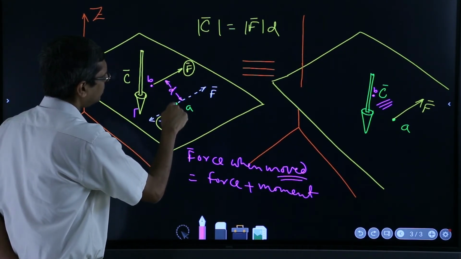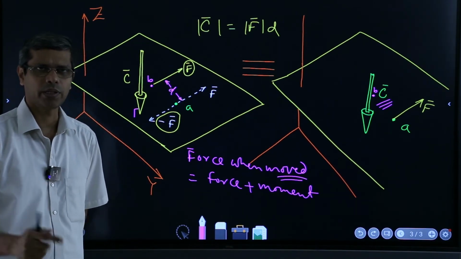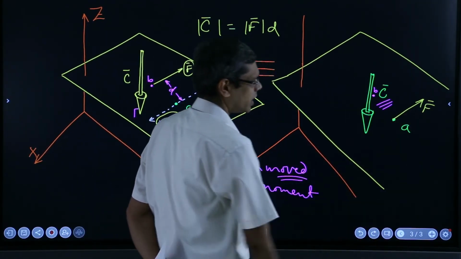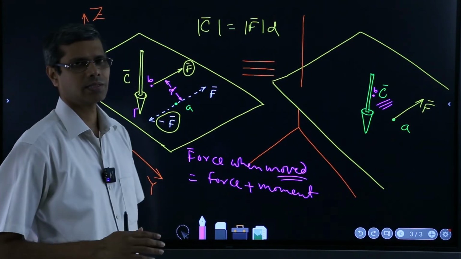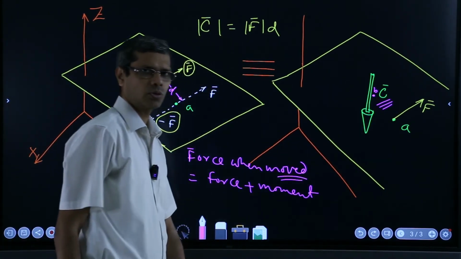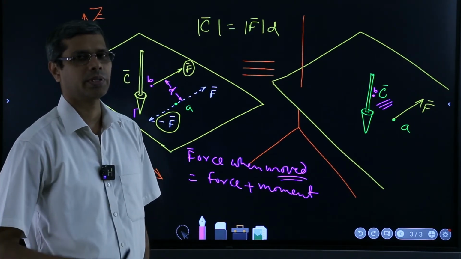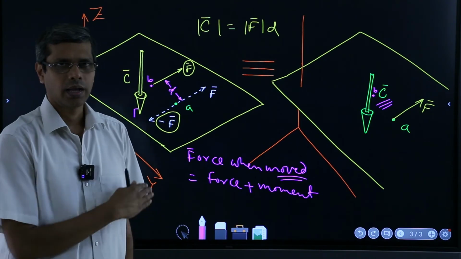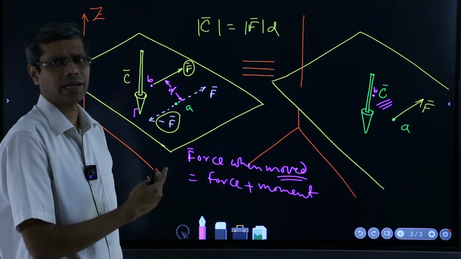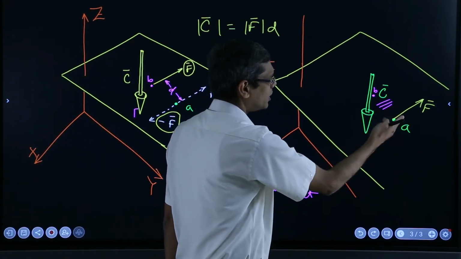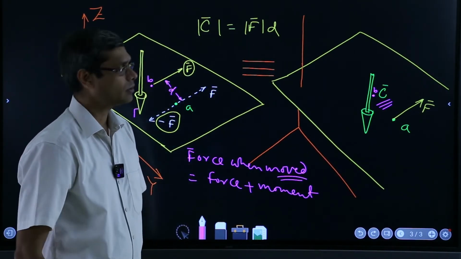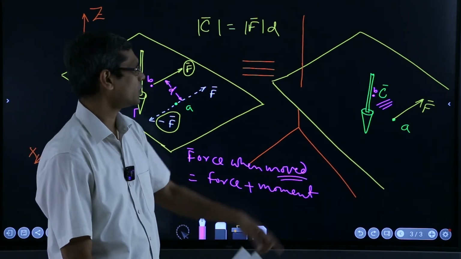About this point, this force had a moment in the original case, and now when I shifted this force to this location, that moment has just vanished, and that is why I am adding this. So that is another interpretation of this full derivation and discussion. Again, that is like a compensatory, because you have moved it here. The moment which was caused by this F at A has now gone, so you have to add it somehow. That is what you have done by adding it.